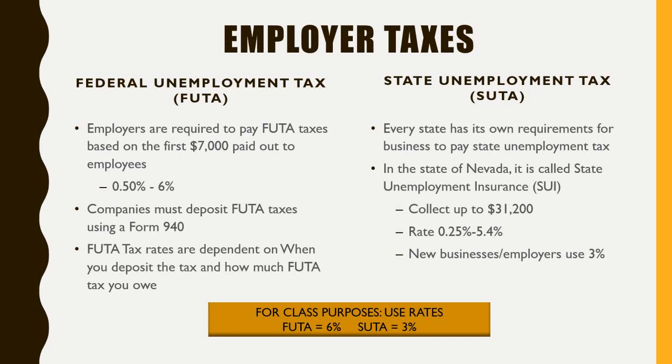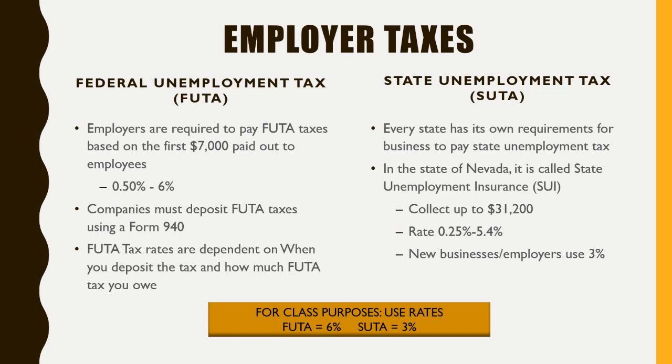So you have FUTA with 6%, SUTA with 3%. Okay, because most businesses, especially if you plan on opening your business, do your research, figure out what your state unemployment tax is, but in this case, it is going to start us right off at 3%.